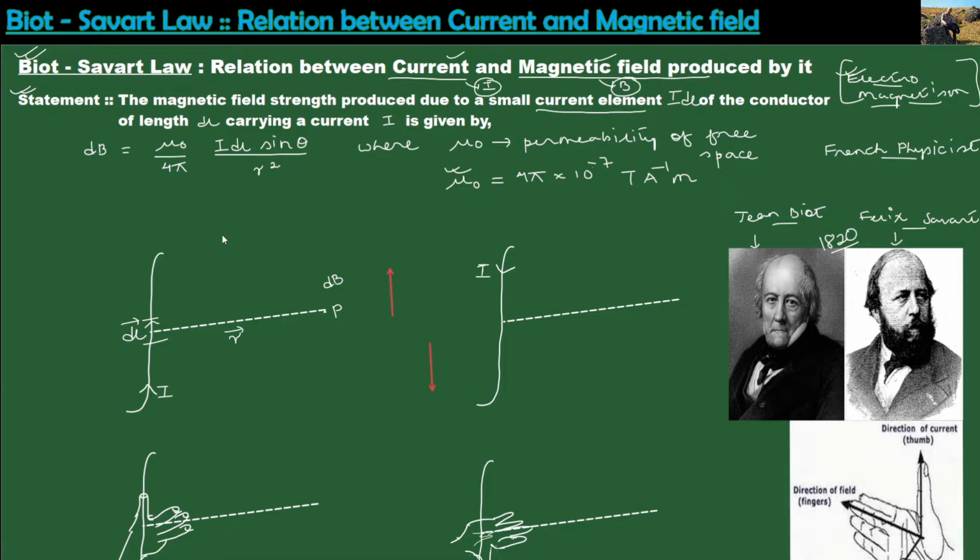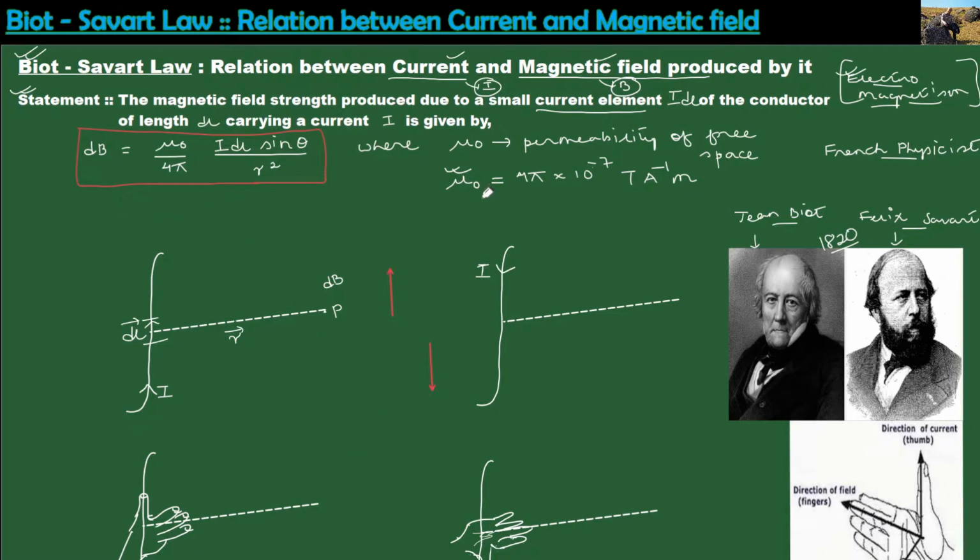Then further, this mathematical expression which I have written over here is what is known as your Biot Savart Law, and it is an inverse square law. That means it depends inversely on the square of the distance.